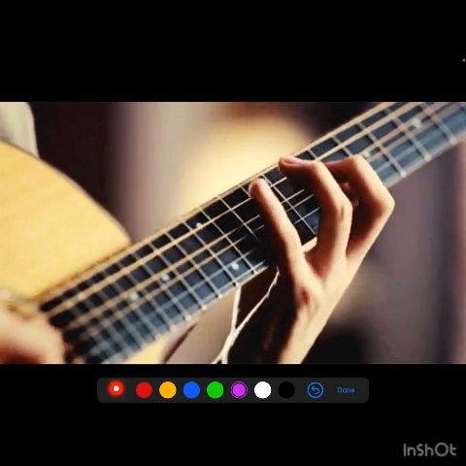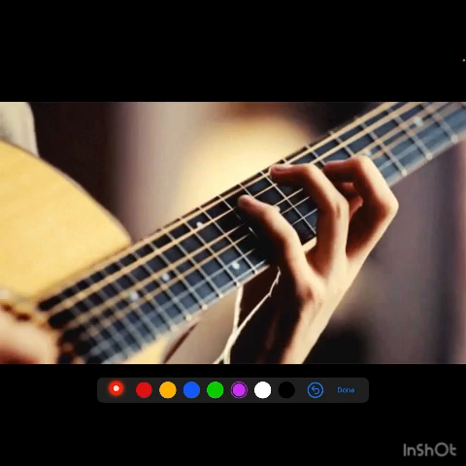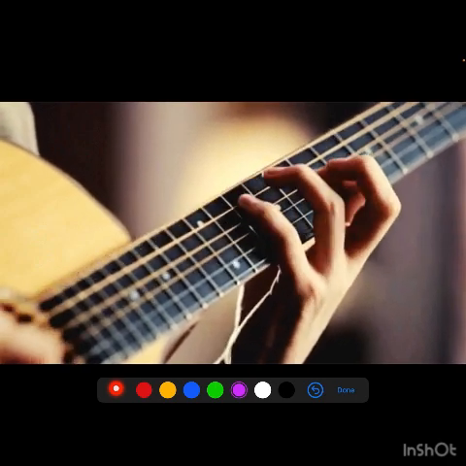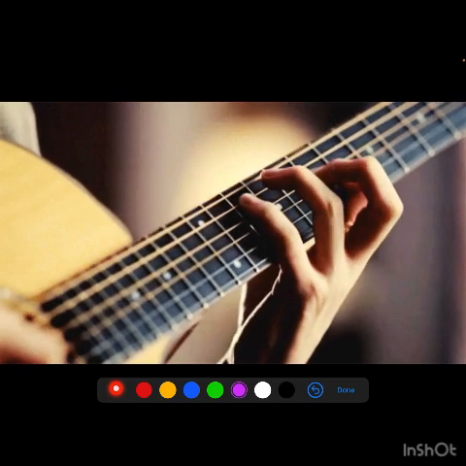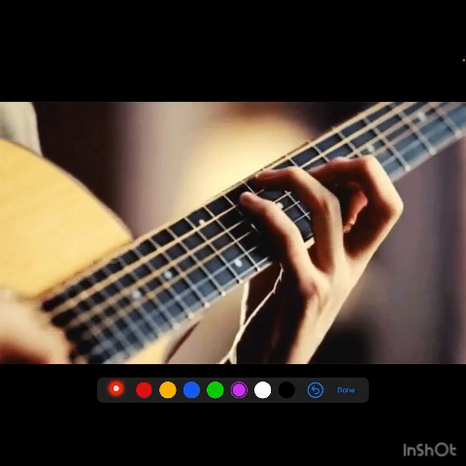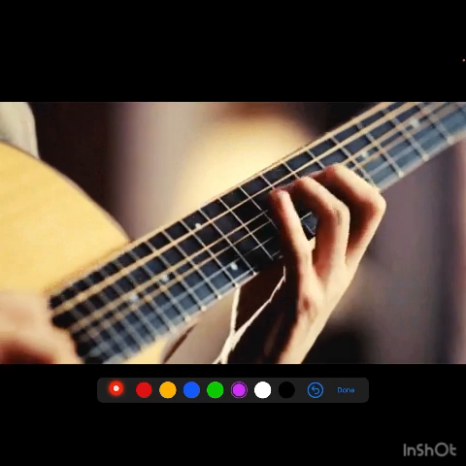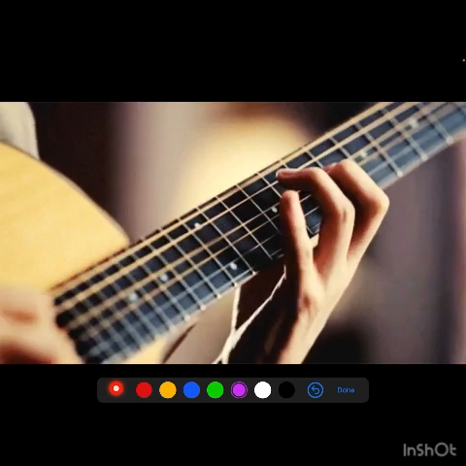You can see here, maybe you have played the guitar, and the string of the guitar is made of metal, and it produces sound. What happens if, instead of that wire, you use only a simple thread? Will it produce the same sound as the metal? The answer is no, because non-metals cannot produce sound as much as metals can.